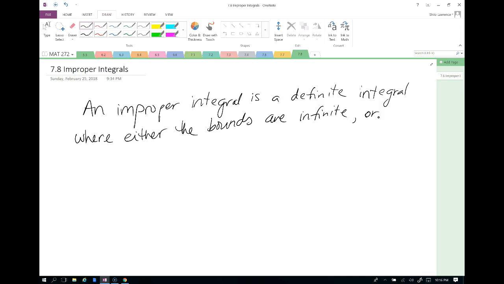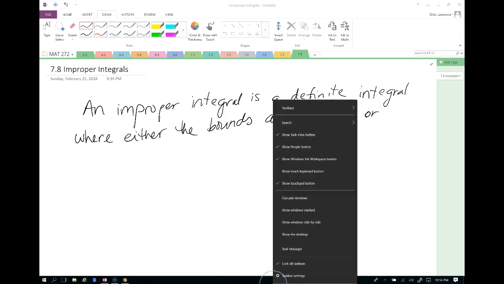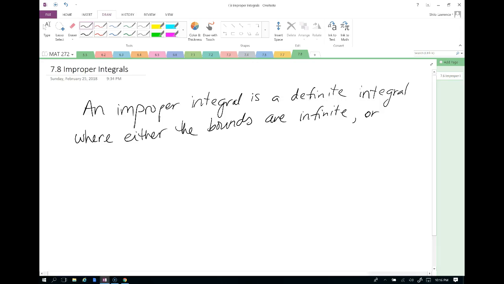So either it's because the x value is infinity, or because the y value is infinity somewhere on the graph, if we were to look at this graph of the area that we were trying to calculate. So our improper integral is a definite integral where either the bounds are infinite or the function is infinite on the given interval.